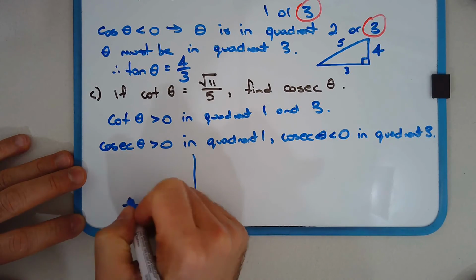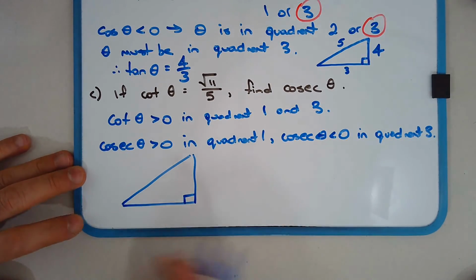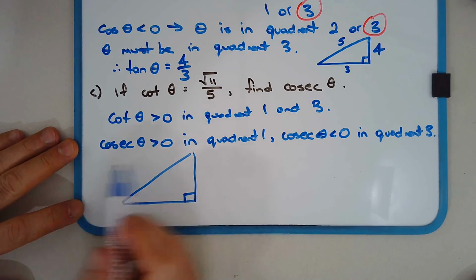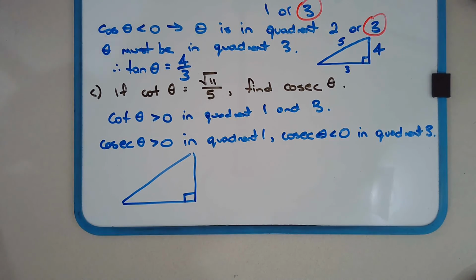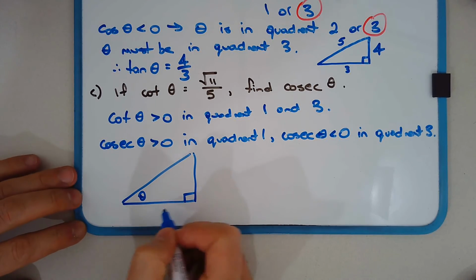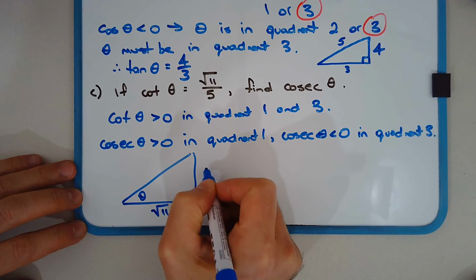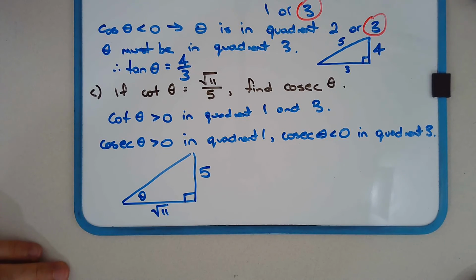I'm just going to quickly sketch a triangle. Hopefully I've got enough space here. We have cot of theta equal to root 11 on 5. Now, if tan of theta is opposite over adjacent, then cot of theta is adjacent over opposite. So there's our theta, adjacent over opposite. Cosec is hypotenuse over opposite.